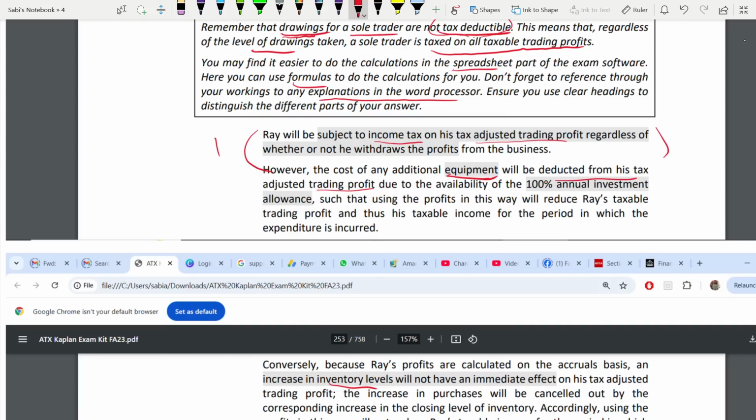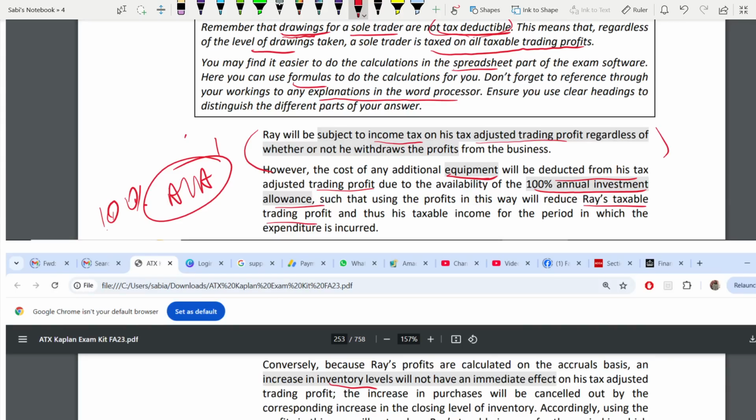Because he's going to get 100% annual investment allowance. If you have the knowledge of AIA, capital allowance, plant and machinery, you're going to have 100% AIA in the first year. So if you are buying any equipment, you can deduct it from your tax, and reduce the taxable trading profit.